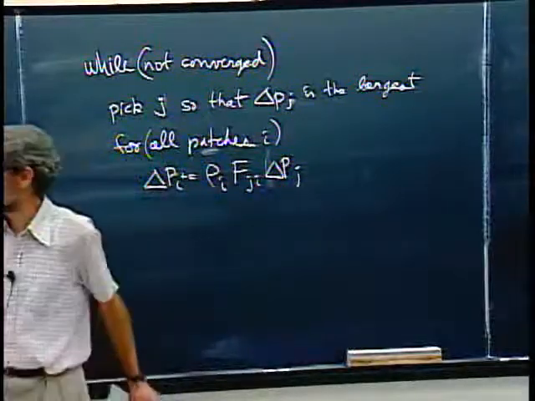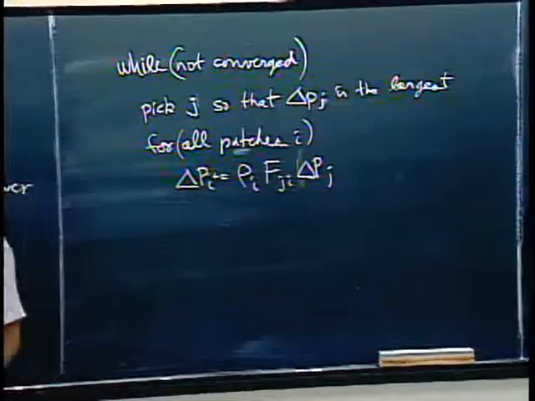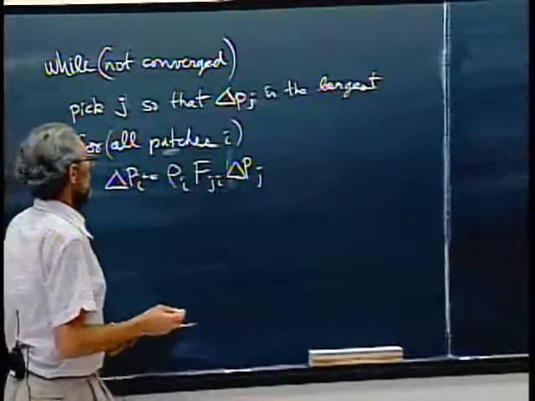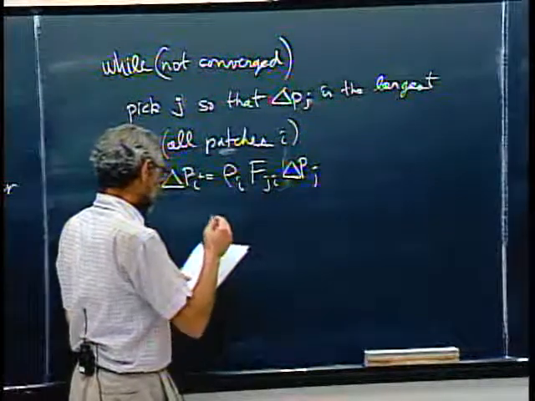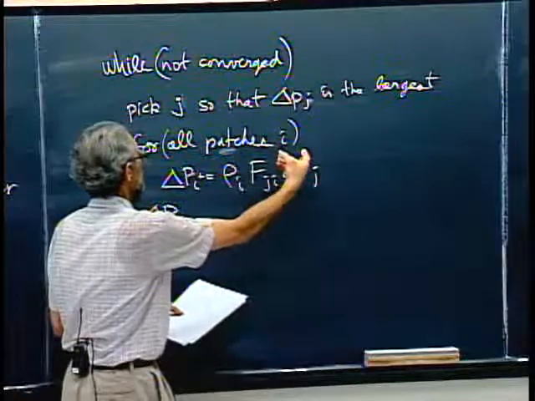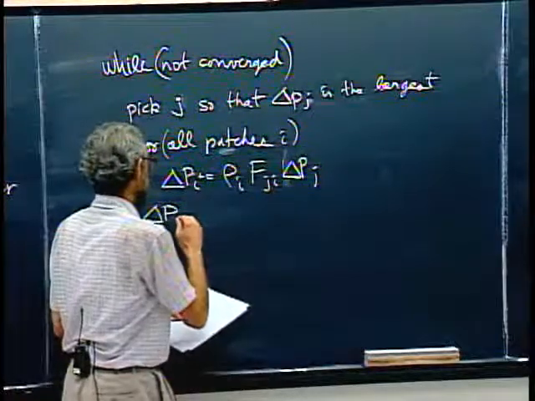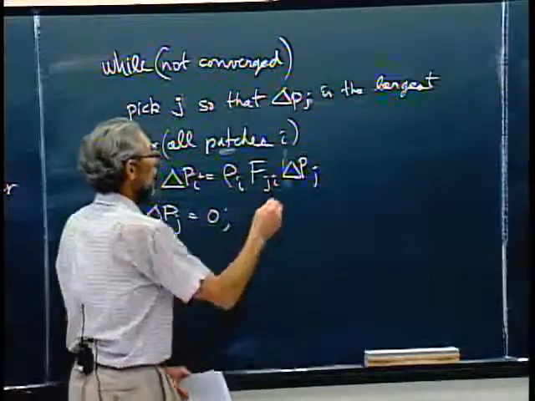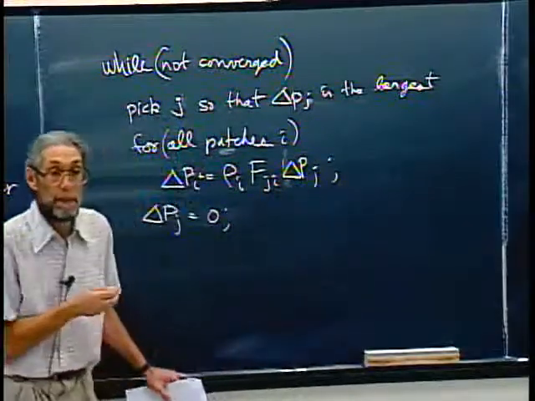That corresponds to getting one term out of this sum. And now, after I do this loop for that patch, I'm going to set delta Pj equal to 0, because now I've shot the power from that patch.